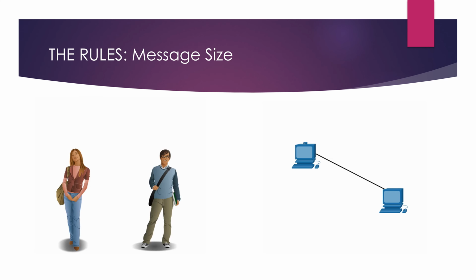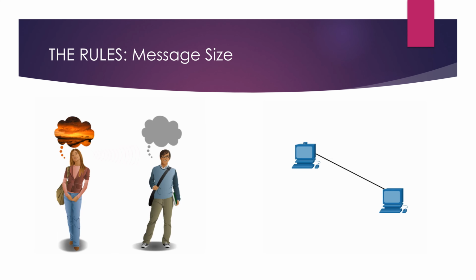So when two people communicate with each other, the messages that they send are usually broken into smaller parts, in this case, into sentences. These sentences are limited in size to what the receiving person can process at one time, as it is shown in the picture.